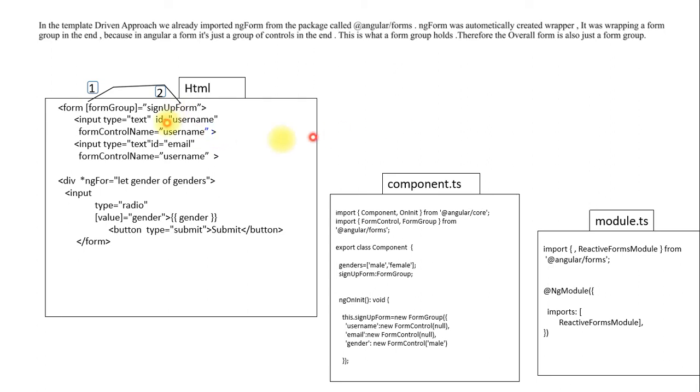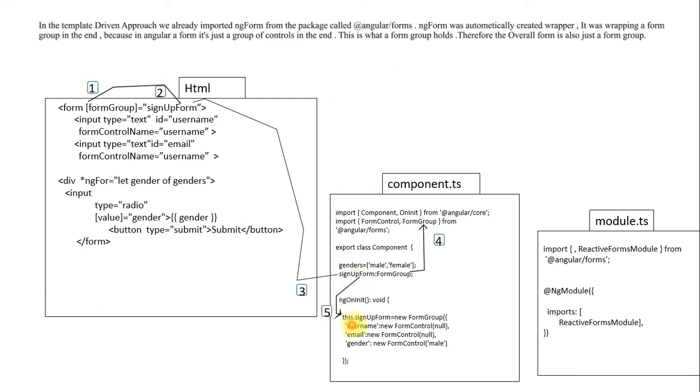Okay, so we will use simple steps and go through all of the things that are happening inside Angular. So first, form group is saying: bring the sign up form. It's bringing the sign up form from the component.ts, and the sign up form is of the type FormGroup.